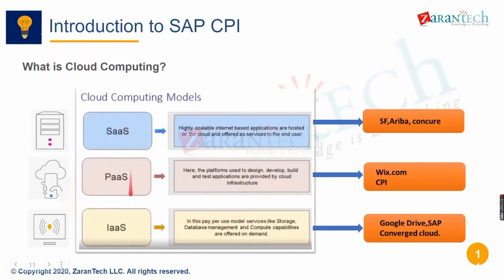This is the main difference, and you have to remember these three: software as a service, platform as a service, and infrastructure as a service. In any development or design, there is no strict rule about where you should use software as a service. But this is the main idea of what the backend components are in SAP CPI, before we go into exactly how SAP CPI works.